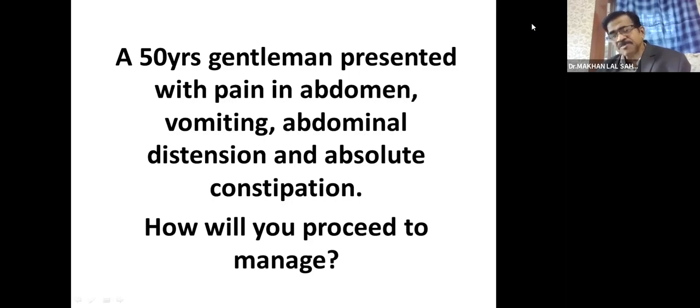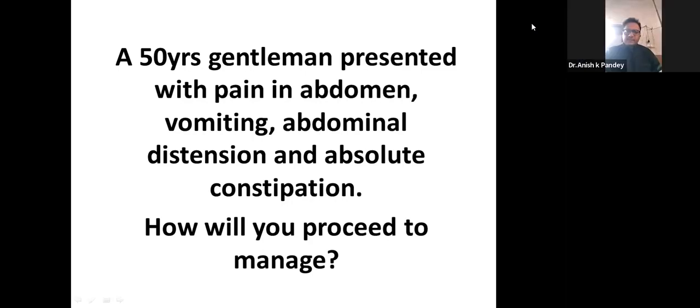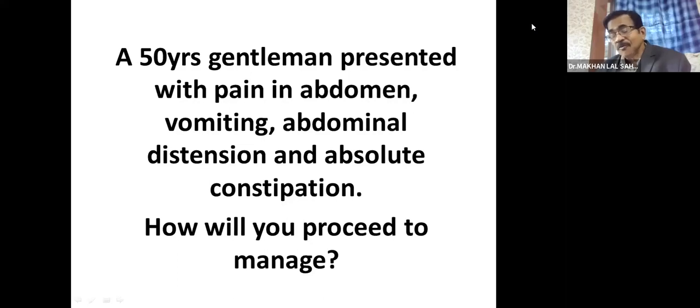From xiphoid to symphysis pubis. It should be a midline incision, because you don't know the site of obstruction. Half above the umbilicus, half below the umbilicus.